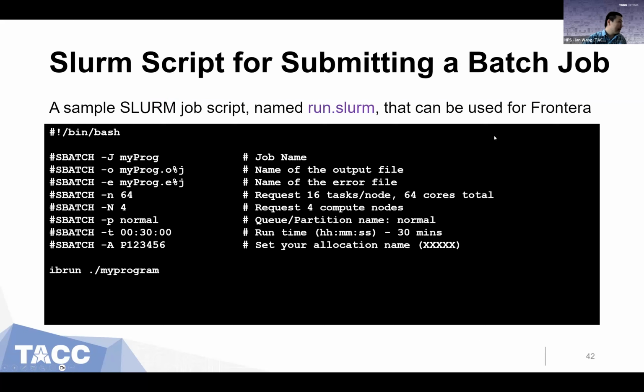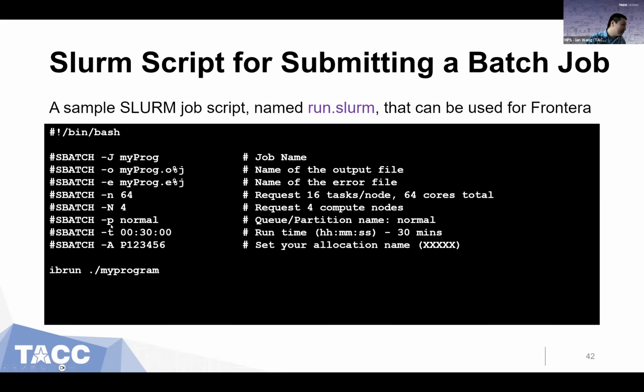So, the Slurm script. This is what a job script looks like. It's basically a bash script, except that there is a bunch of sbatch directives at the very beginning that give Slurm information about the job. You can give the name of the job, the files for output and error, and the number of tasks, meaning MPI tasks. The capital N is the number of nodes, so we are requesting 4 compute nodes here.